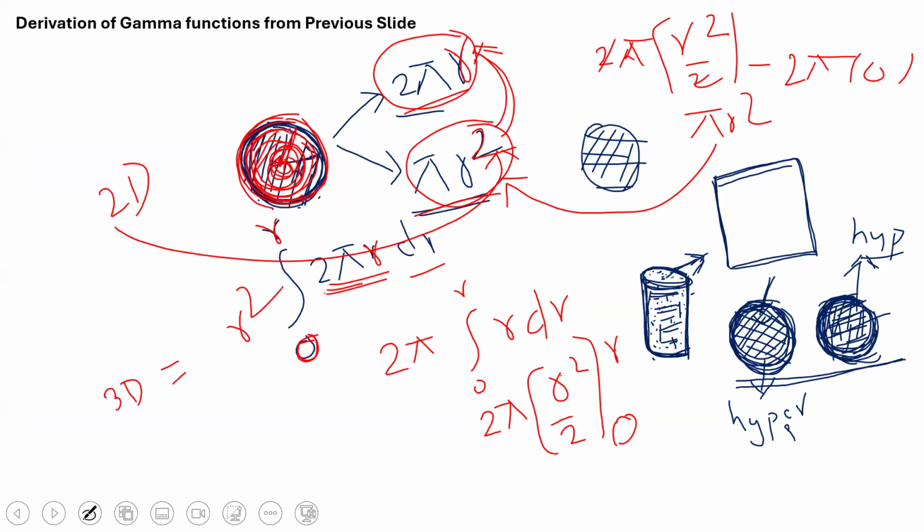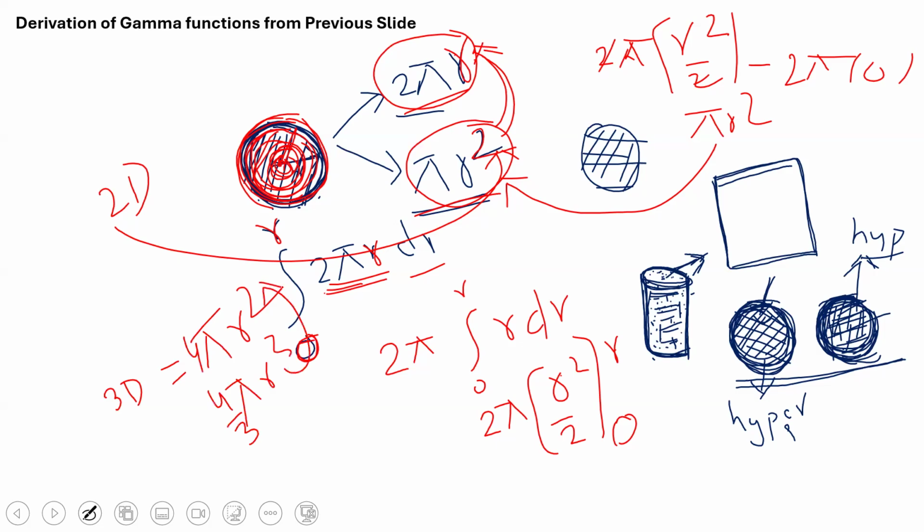Does anyone know the surface area of a sphere? Surface area of a sphere. It is 4 pi r square. And the volume is 4 by 3 pi r cube.